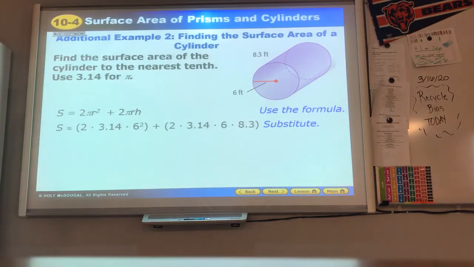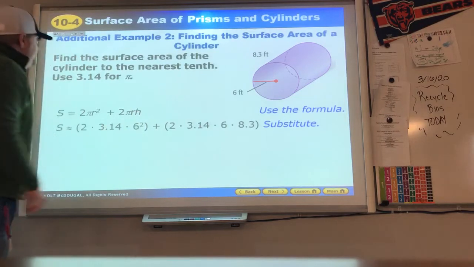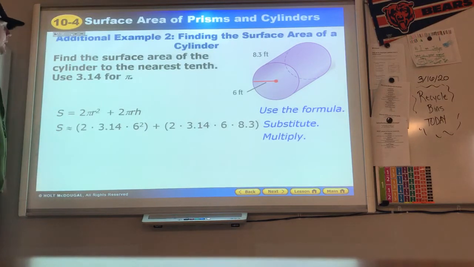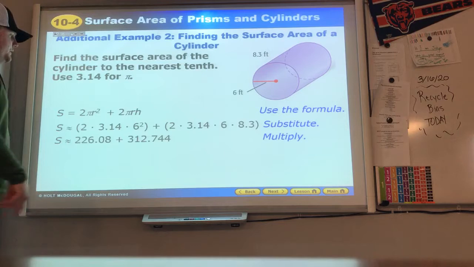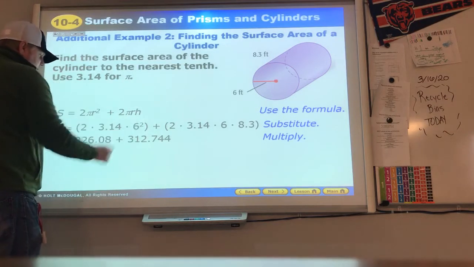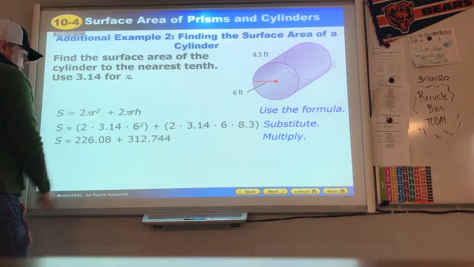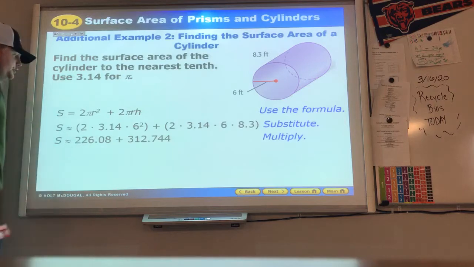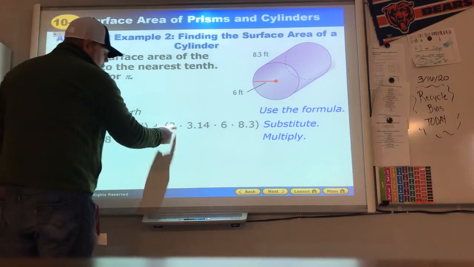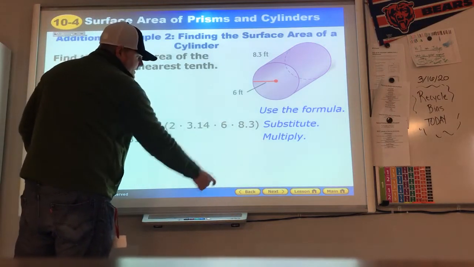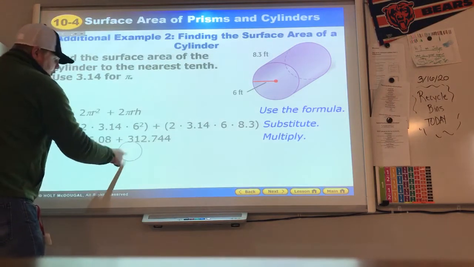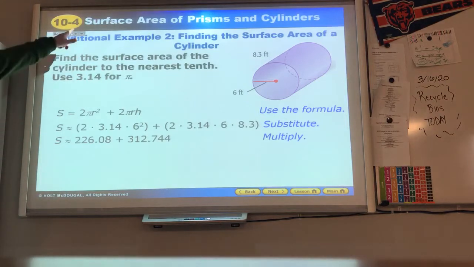We must remember PEMDAS. Gotta do the exponents first. So, they did the square, 36 times 2 times 3.14, and they got 226.08. Then they did 2 times 3.14 times 6 times 8.3, and they got 312.74.